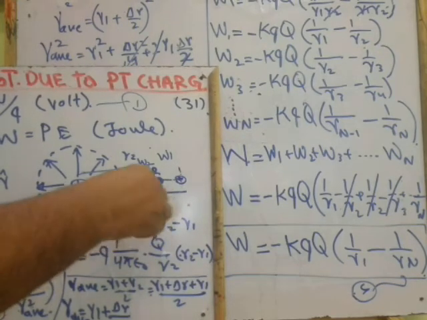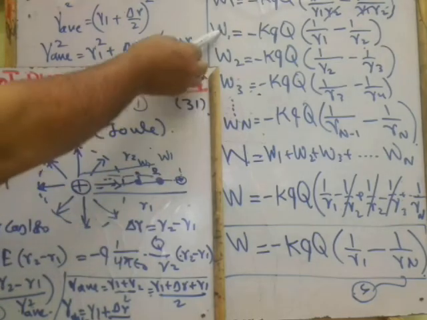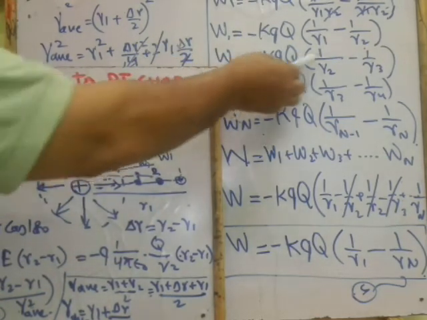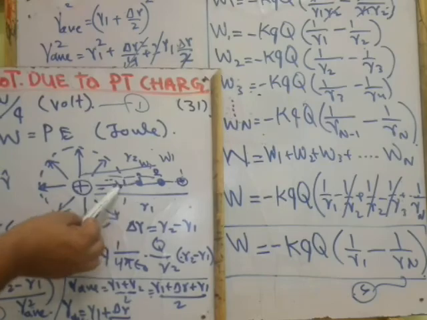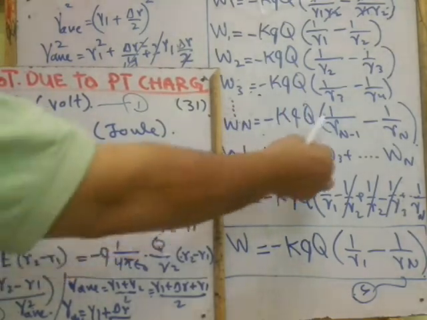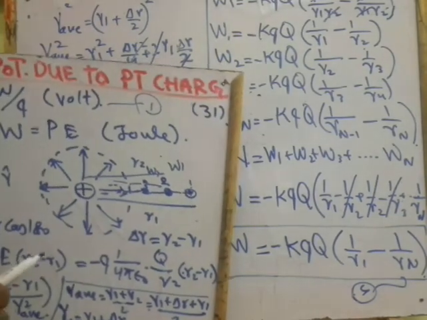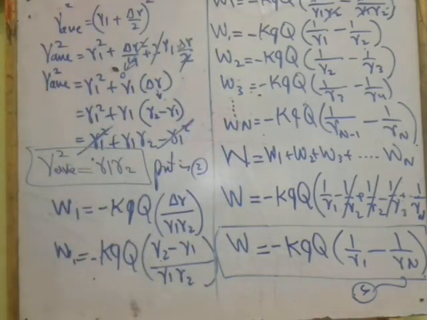Similarly, we can repeat the whole process to find W2, W3 and so on up to Wn. So we have found the individual W1, W2, W3, W4, W5 and Wn.